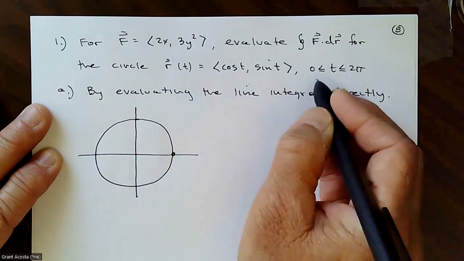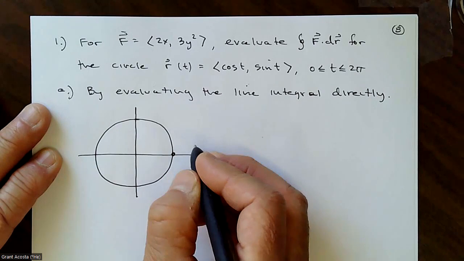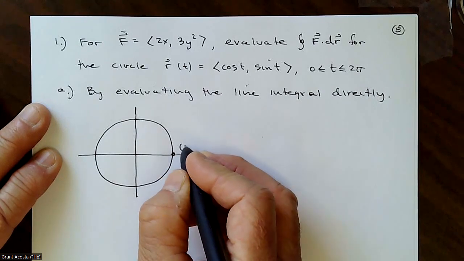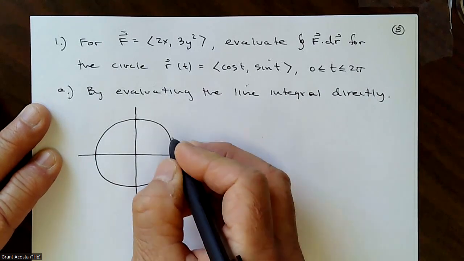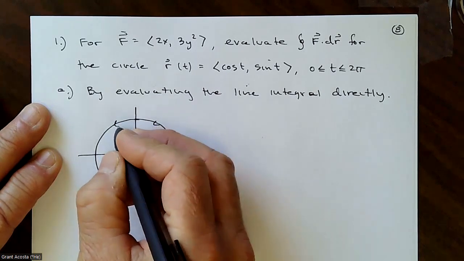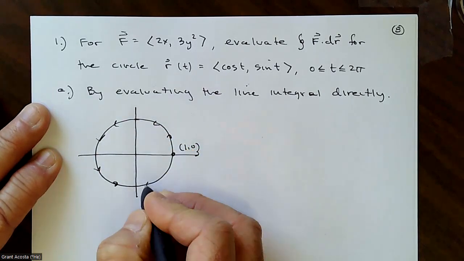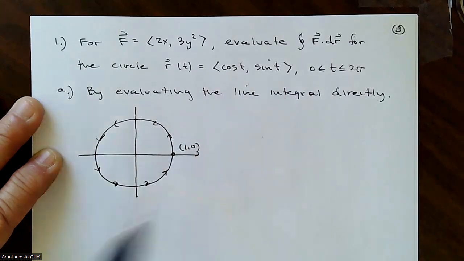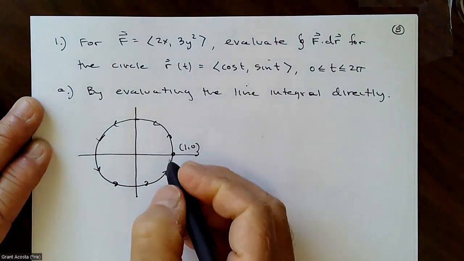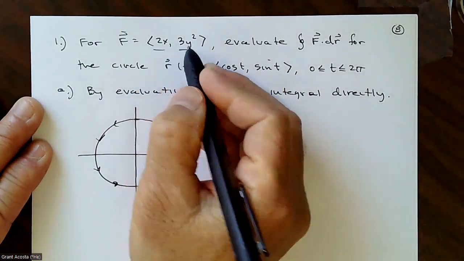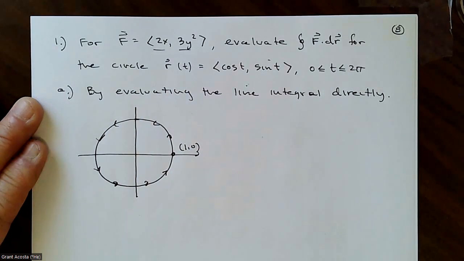So I'm starting at the point 1, 0, and we're going around the circle. That's how the parameterization describes that circle. So if this is a conservative field, then I know that that is going to come out to be 0.